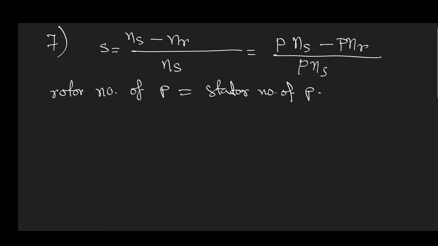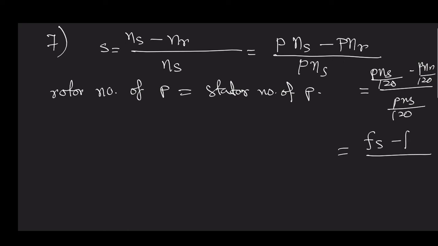So ns and nr will give us their corresponding frequencies. If these are in rpm, then we do one more manipulation: P ns by 120 minus P nr by 120, over P ns by 120, and then it will give us fs minus fr by fs.